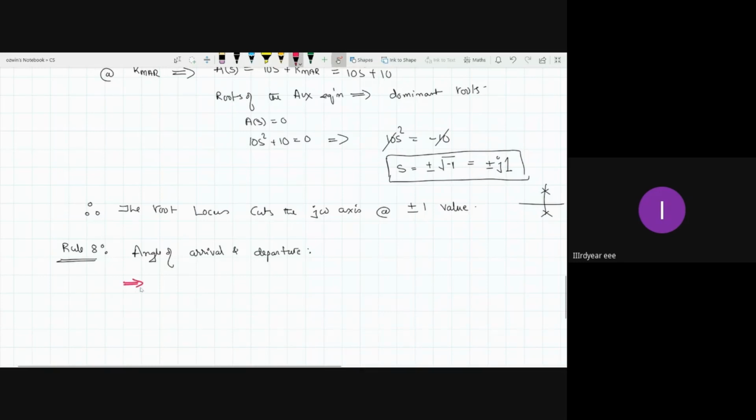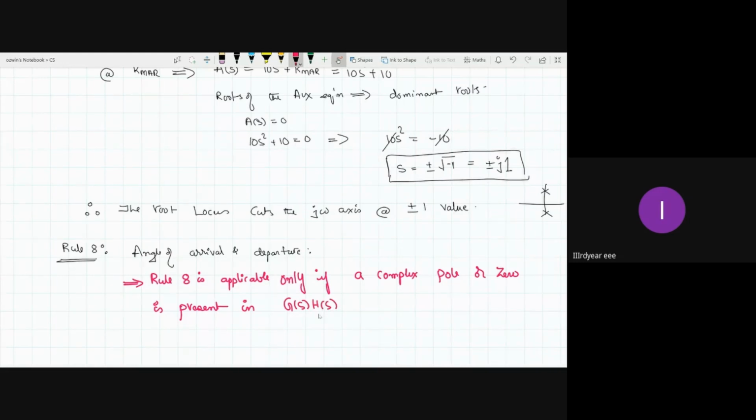So this rule 8 is applicable only if a complex pole or zero is present in G of s into H of s.